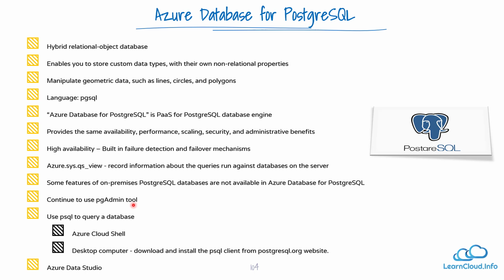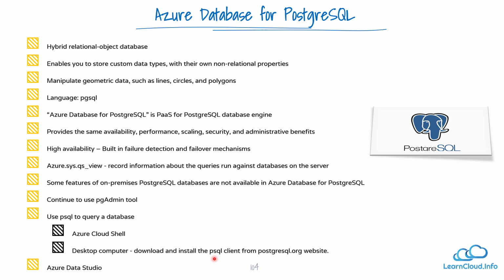Now, there are two ways to interact with this database. The first one is psql to query a database. We can use this command line within Azure using the Azure Cloud Shell. Or if you want, you can use it on your desktop computer, but for that you have to download and install the psql client from the postgresql.org website.